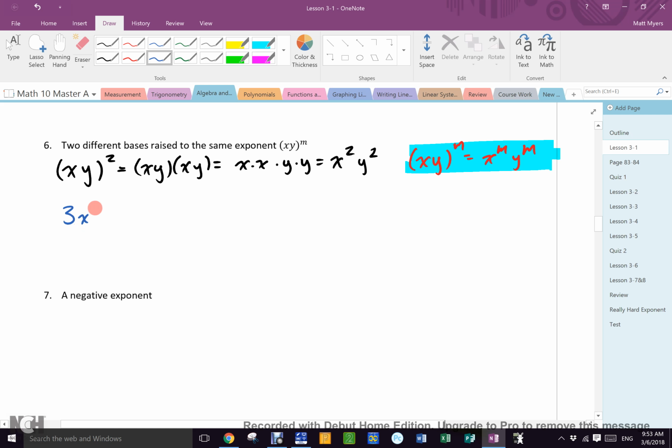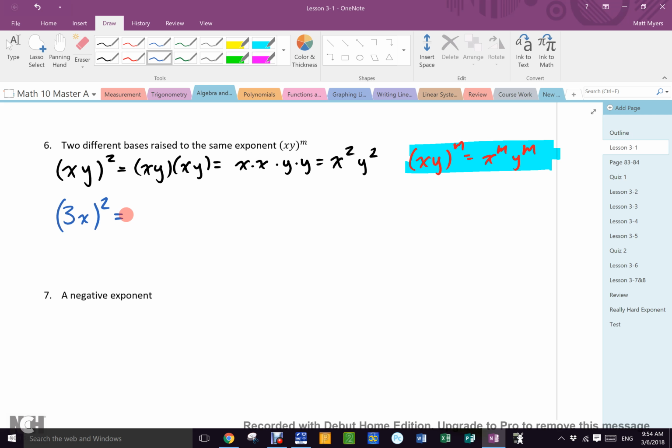(3x) squared. Every rule applies. What's the base? 3x. Is that base in brackets? Does what I just drew in blue look exactly like what I just wrote in black? Okay, so which rule applies?